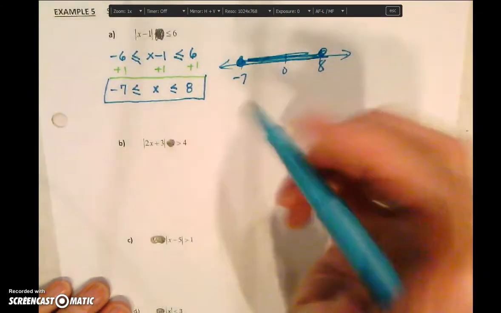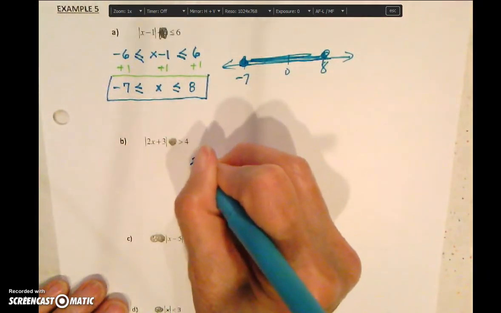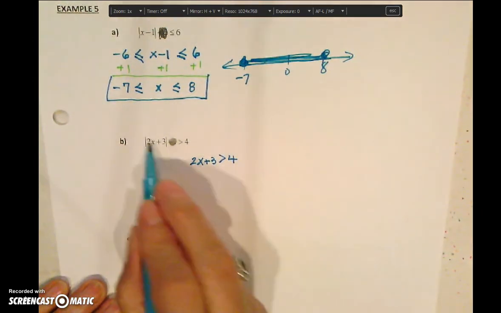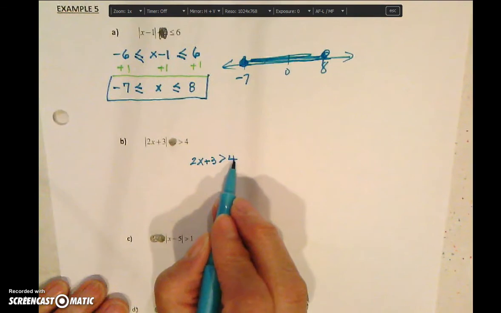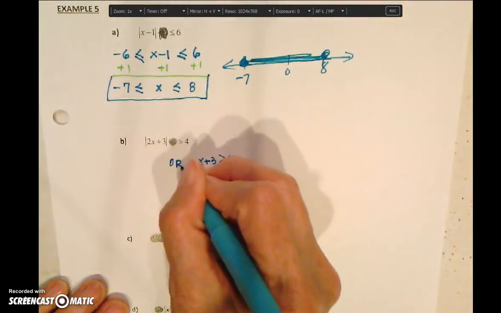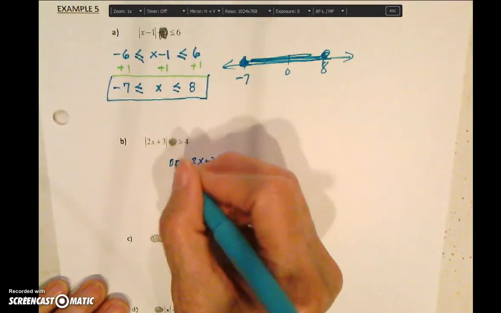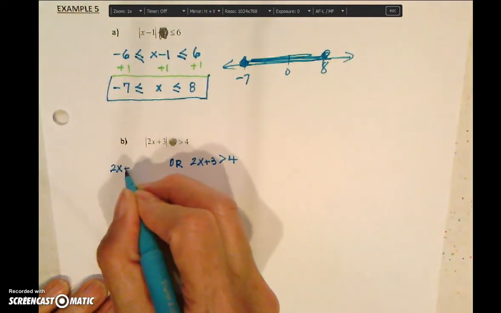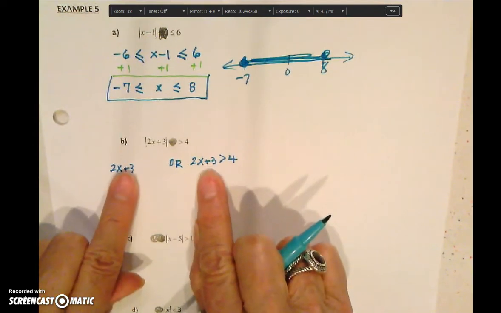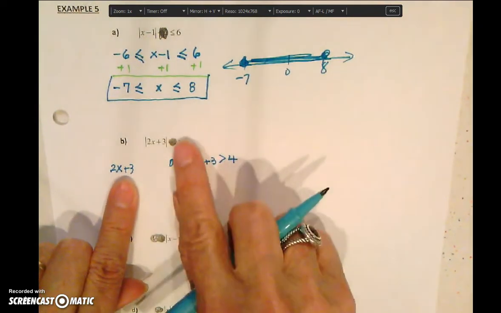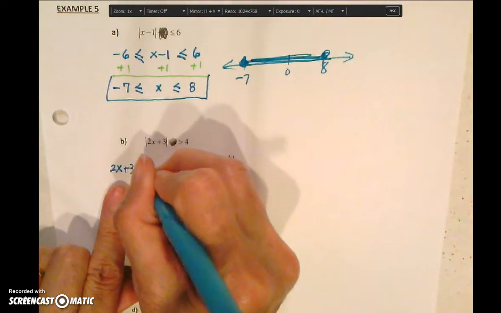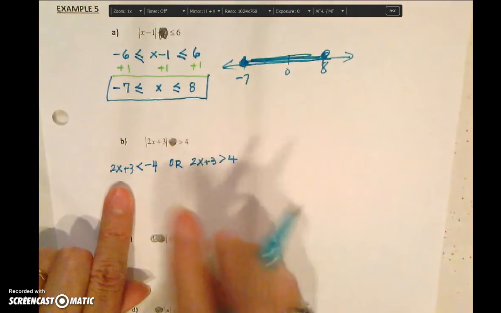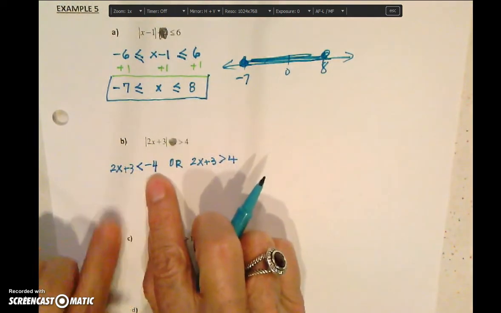So I'm going to have that 2x plus 3 is greater than 4. Notice, it just comes out, looks the same. And then I've got the or, because it's a great or. And then the other side of it, the inside comes out just as it is. Looks just like that side there, the same. I'm going to flip the sign and make it less than, and change the number to negative 4. So two things happen, less than, and a negative.